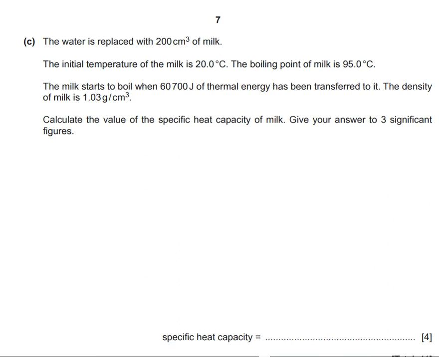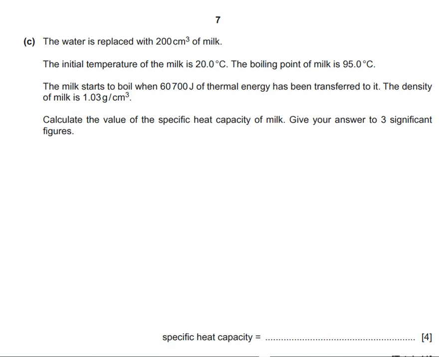The milk starts to boil when 60,700 joules of thermal energy has been transferred to it. The density of milk is 1.03 grams per centimeter cubed. Calculate the value of the specific heat capacity of milk and give your answer to 3 significant figures.